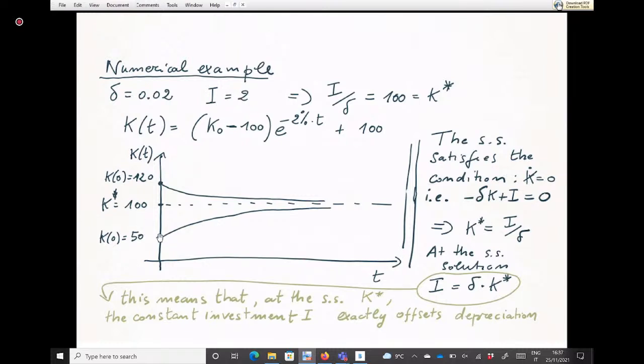If you start below, the amount of capital loss in a period is smaller than the amount of the new investment, so the capital increases until it reaches the level of equilibrium.